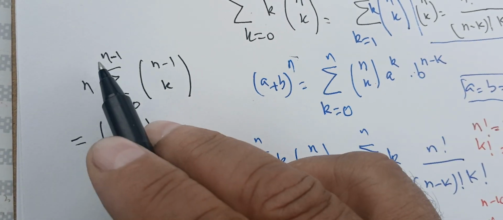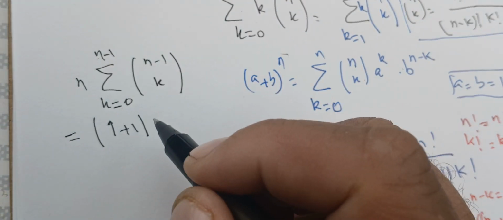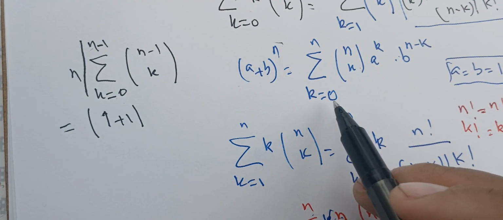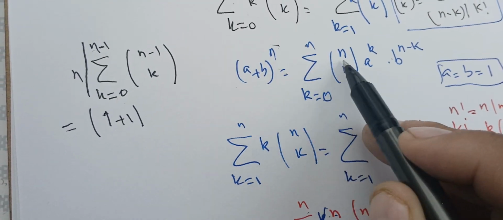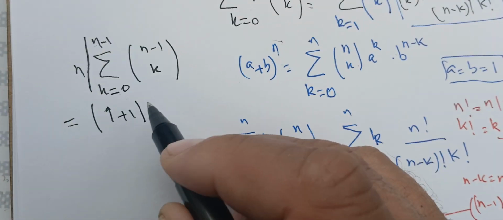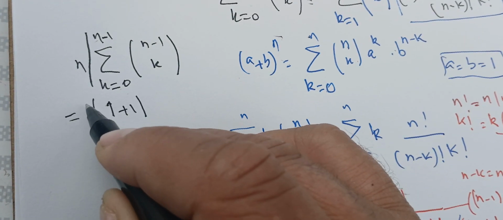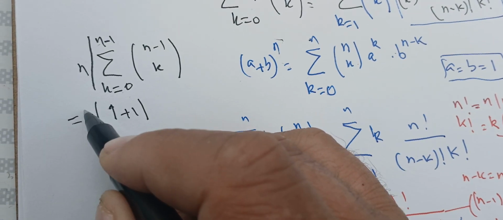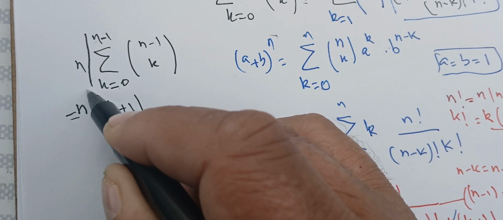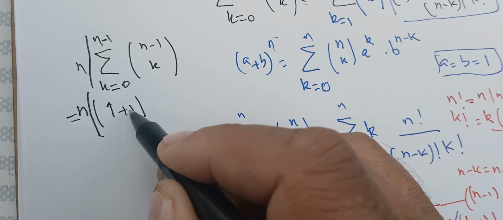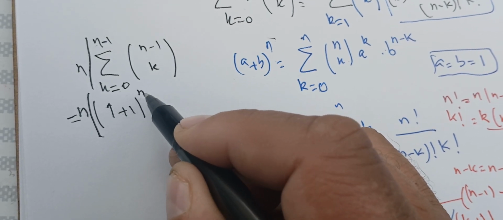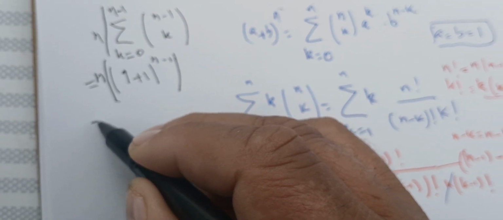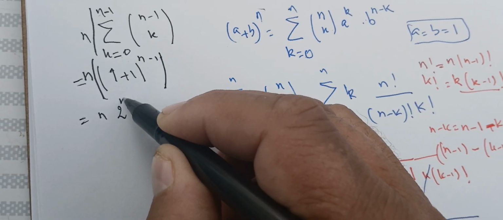It's not n, it's n minus 1, because this sum is going from 0 to n minus 1, while the other one is going from 0 to n. So I need to have the n here: n times 1 plus 1 to the power n minus 1. And therefore this sum is n times 2 to the power n minus 1.